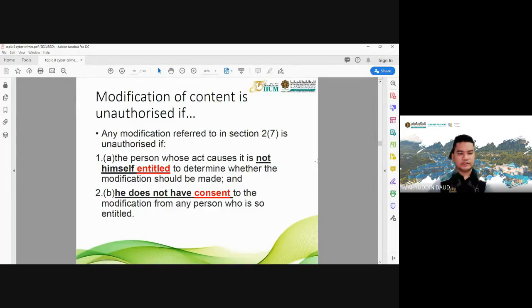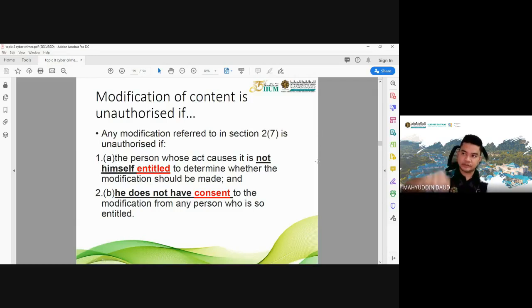Modification of content is unauthorized if, under Section 2(7), A, the person whose act causes it is not himself entitled to determine whether the modification should be made. He himself does not have the entitlement to determine whether this modification can be done or not. And B, he does not have consent to the modification from any person who is so entitled.